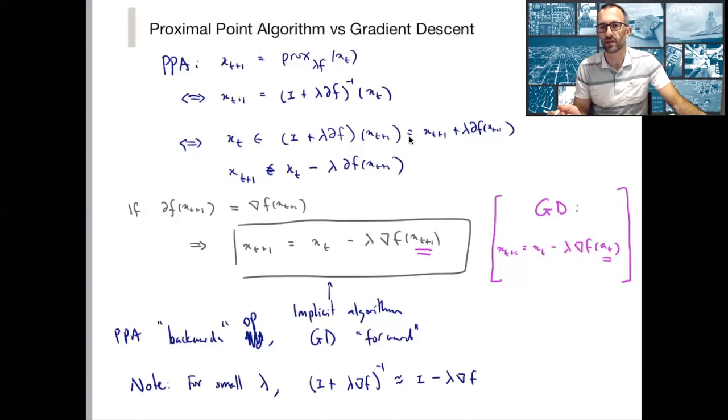This is an informal statement. And in that case, we can also see the proximal point algorithm as an approximation to gradient descent, or gradient descent as an approximation to the proximal point algorithm. So this is the PPA operator, and this is the gradient descent operator.